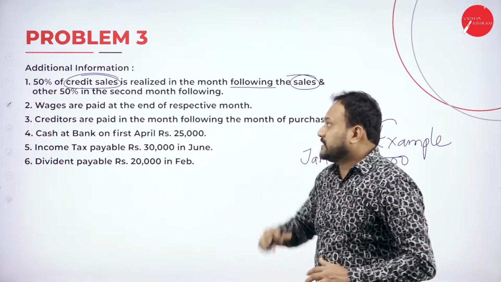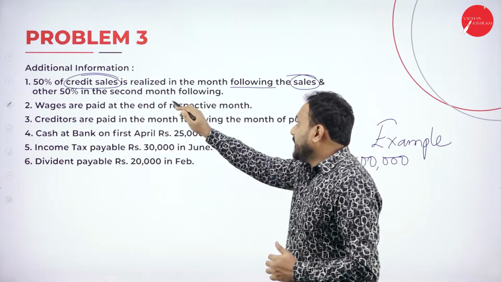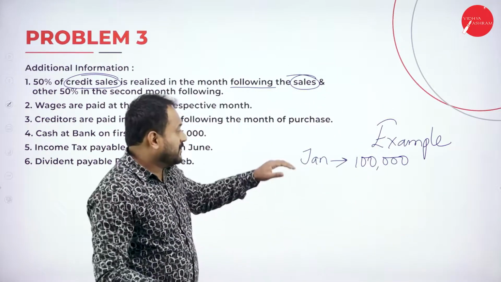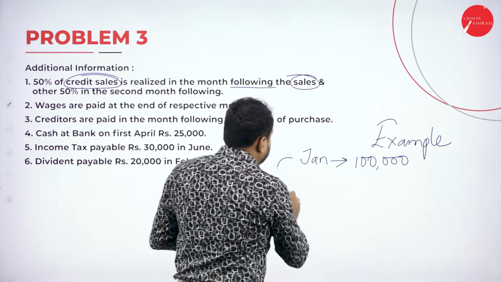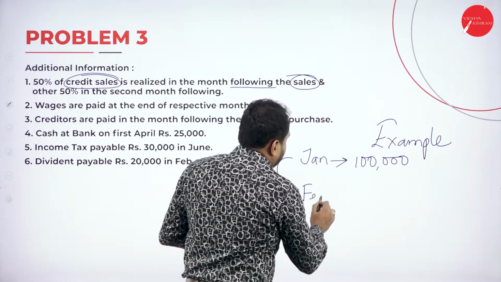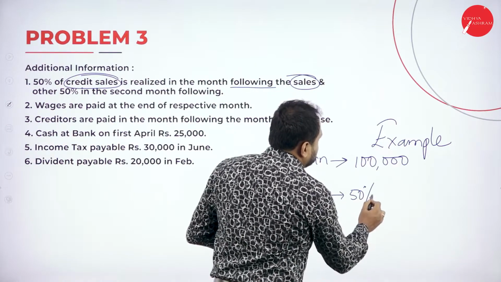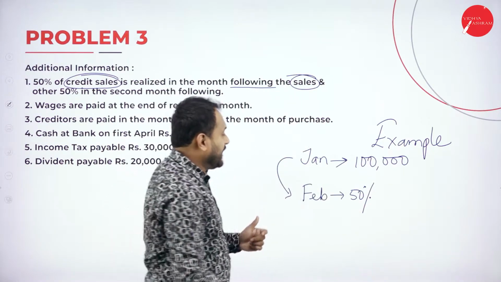Now, 50% of credit sale is realized in the month following the sales. So when has the sale happened? In the month of Jan. But the following month is the month of February. So here 50% of this is done. That means 50,000 I have received.